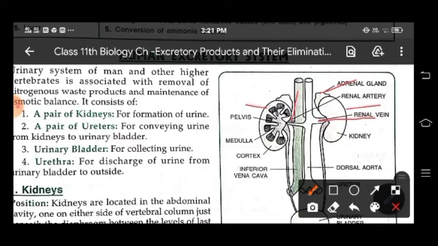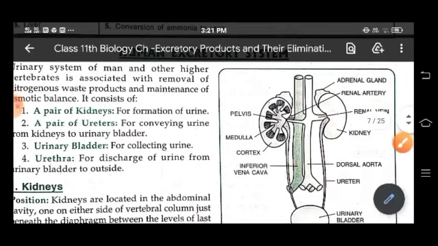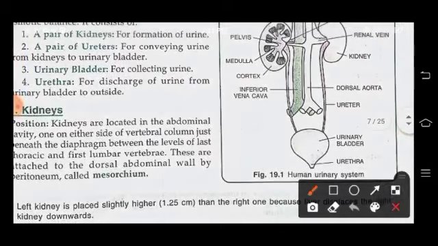Then the inferior vena cava collects blood from the body. Then the dorsal aorta, ureter, and urinary bladder.